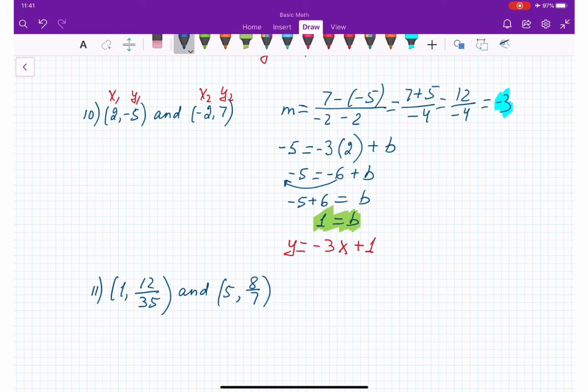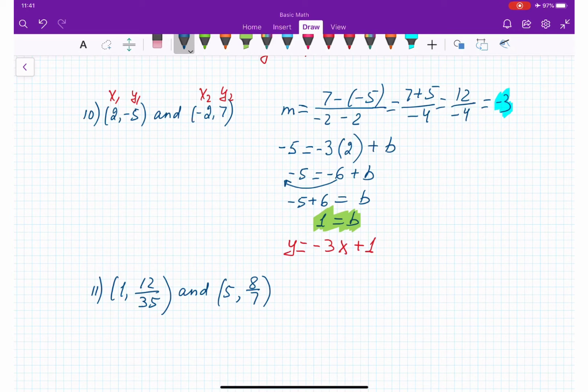Given 2 points, what do we need to find? We always need our slope, and we need our variable term, which is our y-intercept. To find m, we are going to use both points. So let's start working on it.